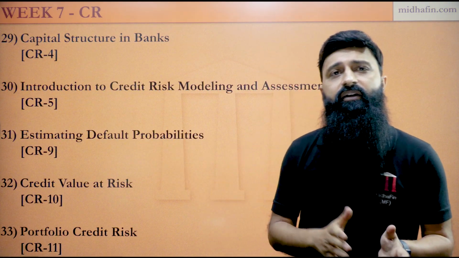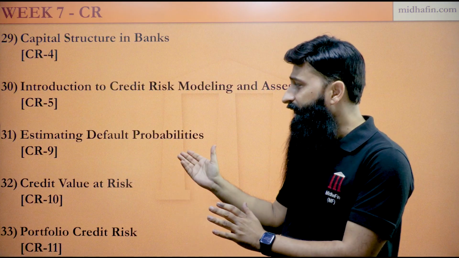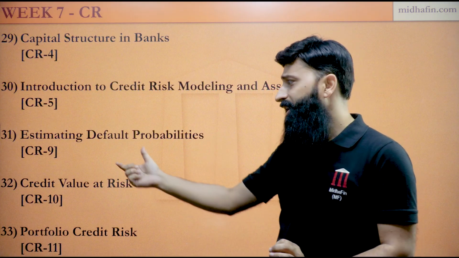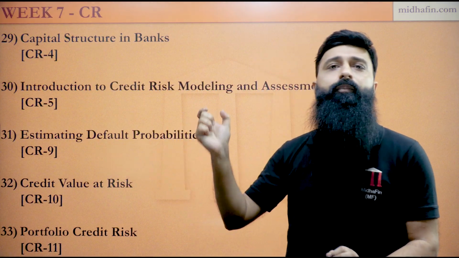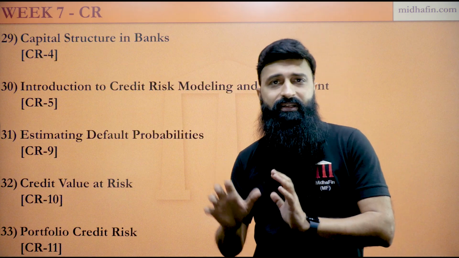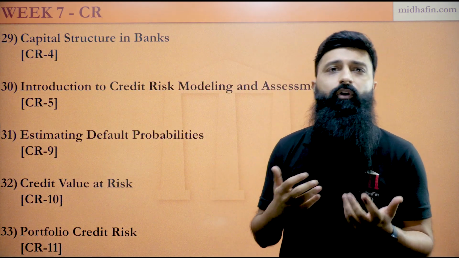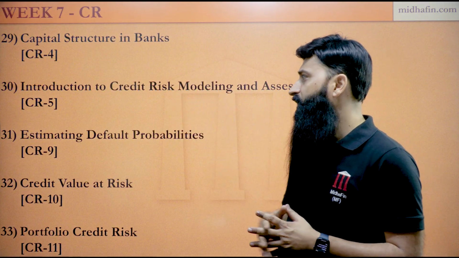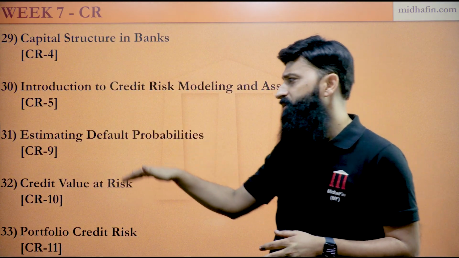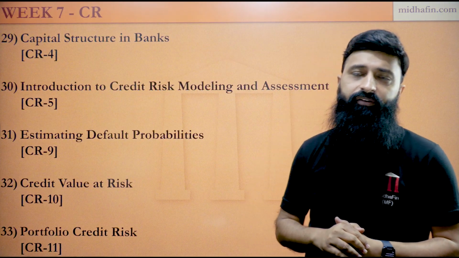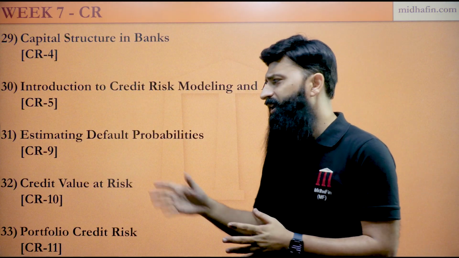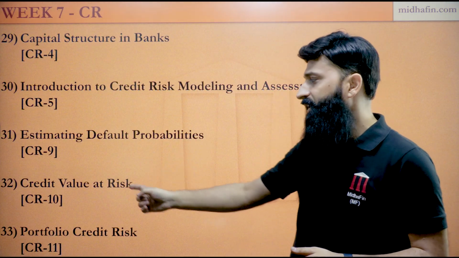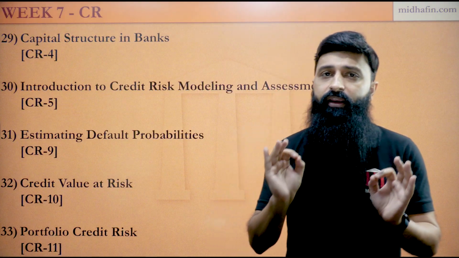It is discussing internal and agency credit rating systems first, because it is about estimating default probabilities. So those systems are used to estimate default probabilities, and whatever assessment we have done in credit risk modeling, some of those assessments might be used in estimating default probabilities. Okay, and there are other models as well. Then we have credit value at risk, a very, very important chapter.